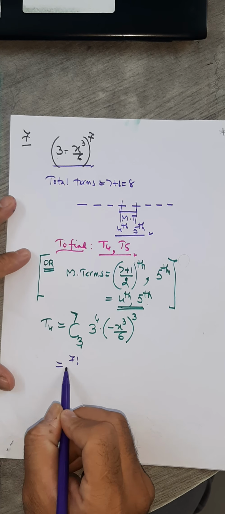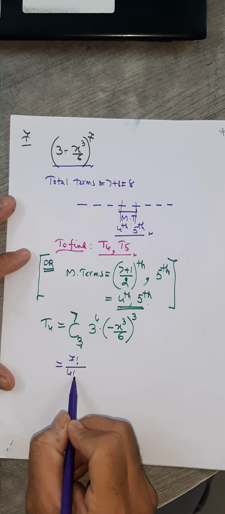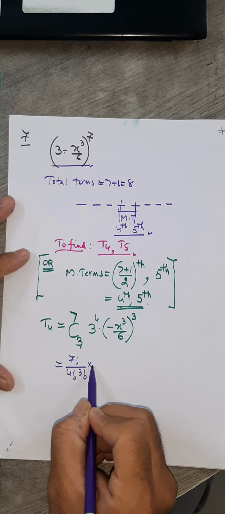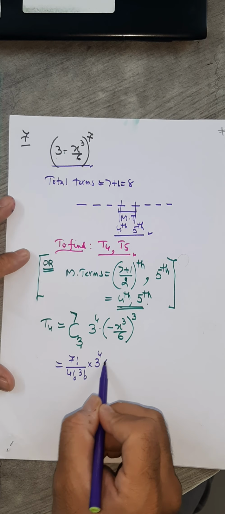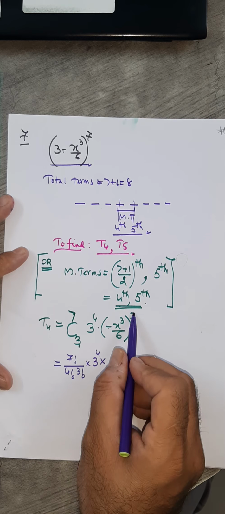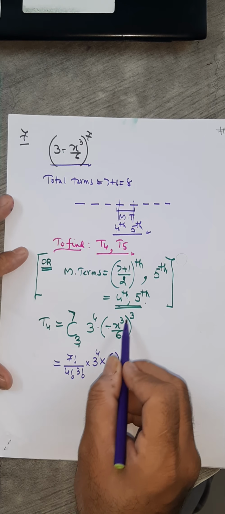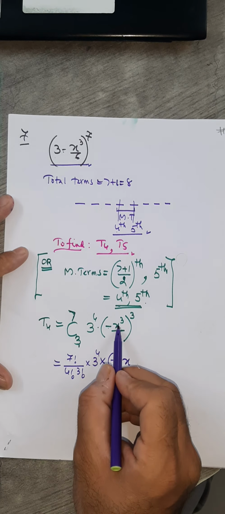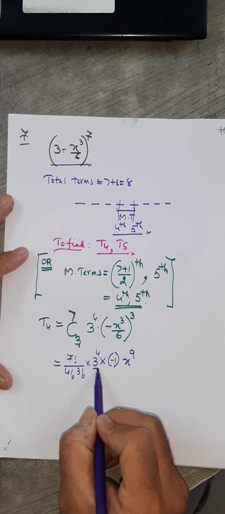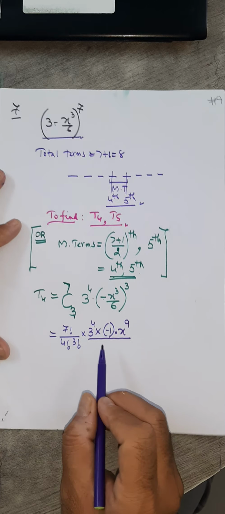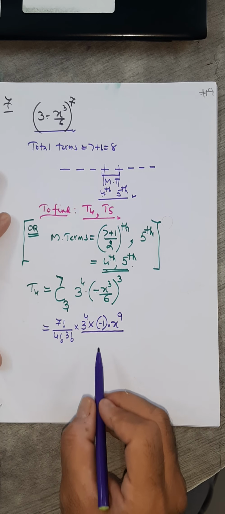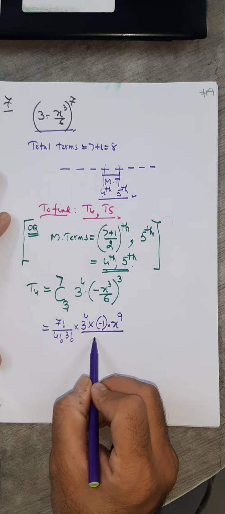This is 7 factorial upon 7 minus 3, which is 4 factorial, into 3 factorial. 3 raised to 4, into, this is an odd power, so minus 1 will be there. What about this? x raised to how much? x raised to 9, upon what we'll get here? 6 raised to 3, remember.